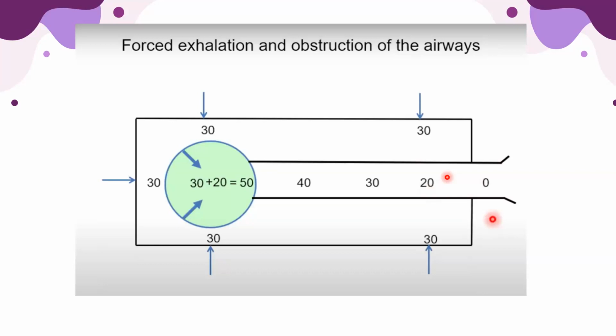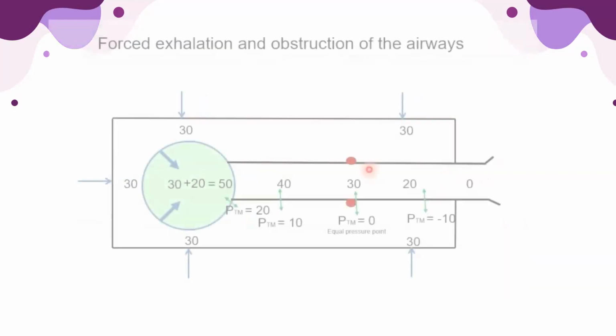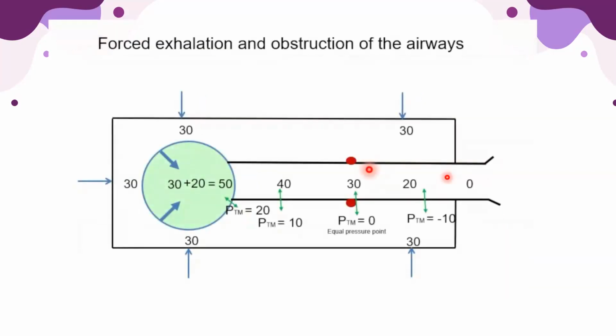It's a very weak airway, with a very thin wall, and that means that when there is a negative pressure inside the airway, it's going to collapse and trap this air inside the lungs, and the person can't exhale. So basically, this is where he's showing you the transmural pressure difference. He showed you that here it becomes 0, and after that the transmural pressure becomes minus 10.